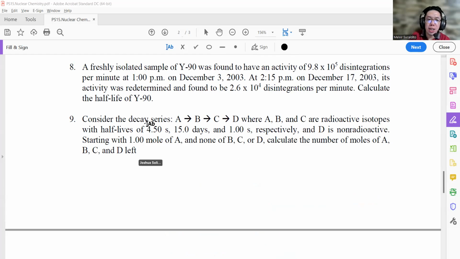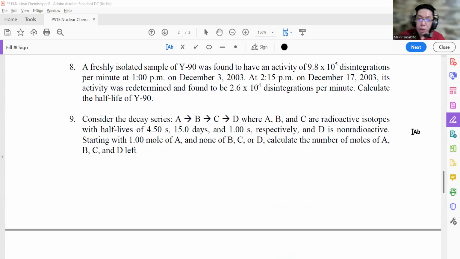Consider the decay series A, B, C, and D, where A, B, and C are radioactive isotopes with half-lives of 4.5 seconds, 15 days, and 1 second respectively, and D is non-radioactive.